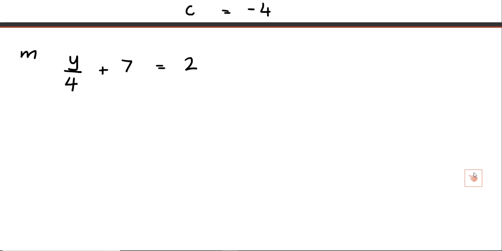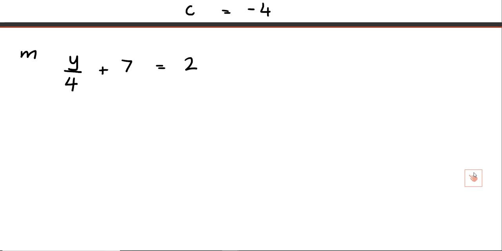Remember we were doing the trick stuff. Think of a number, divide by 4, add 7, get 2. Right? So in your head, if I said to you, think of a number, divide it by 4, you'd be clever and pick something that divides by 4. So I do 16, I divide by 4, and I get an answer, yeah?